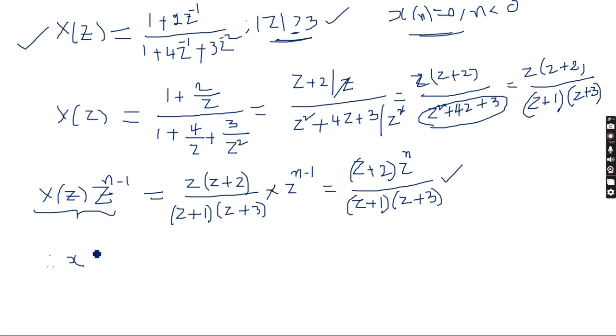So that is x of n. How many poles? 2 poles. The first one is z plus 1. So for the first one you have to multiply by z plus 1.